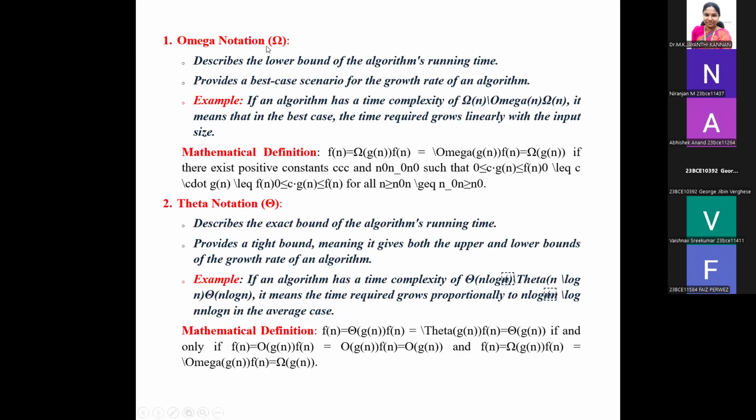Here we are using the symbol called omega symbol. Have you seen this symbol anywhere? What is this big omega notation symbol?